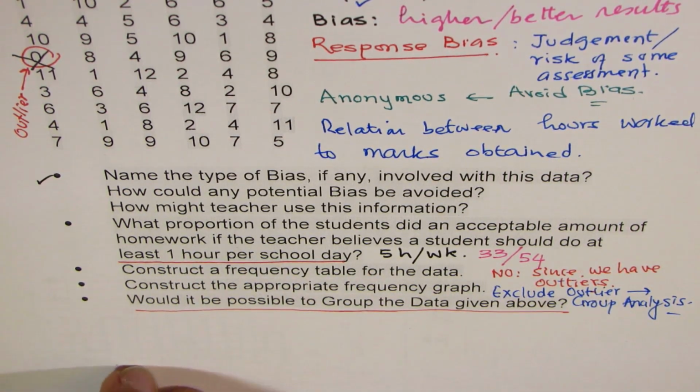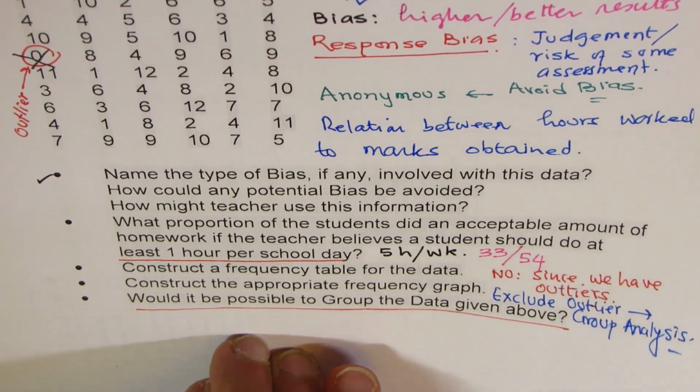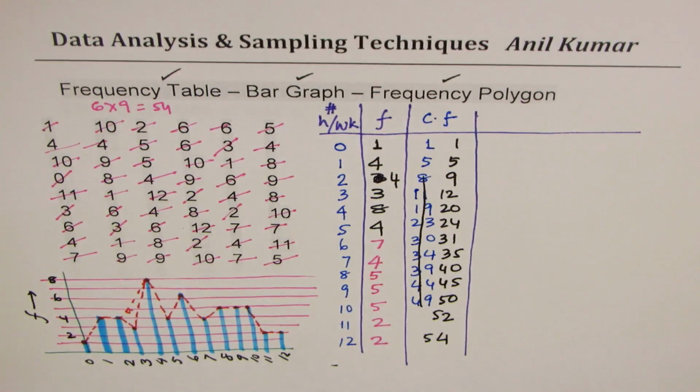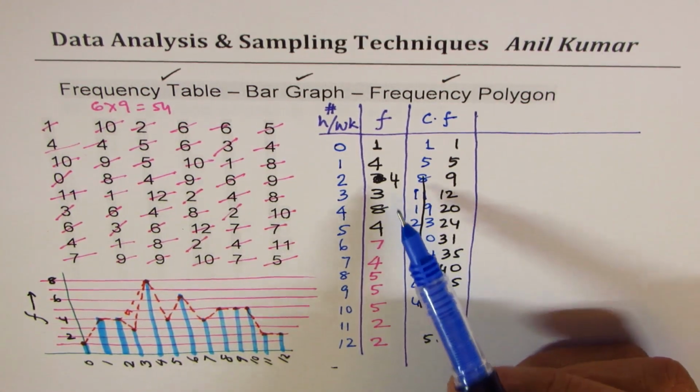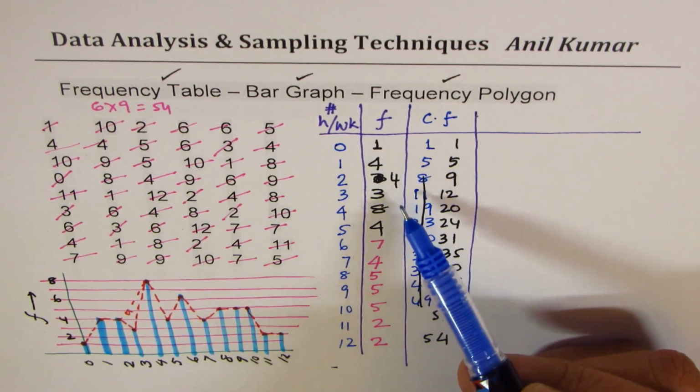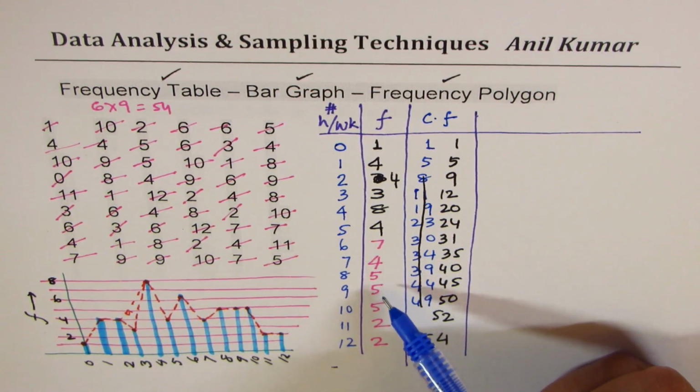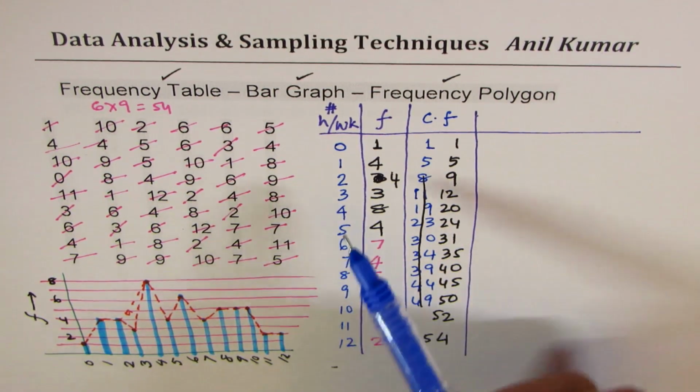That means 5 hours per week. Now, since we have a cumulative frequency graph, we can see what numbers are 5 or more, and we can actually check it out.